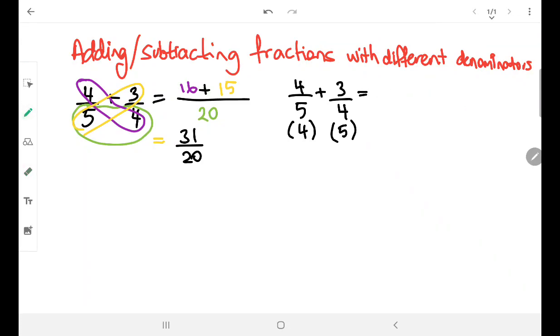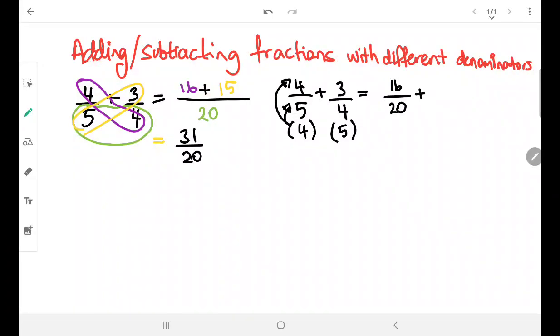So just remember, the 4 in that bracket multiplies the fraction itself. So when we multiply the fraction itself, we have to multiply the bottom and the top numbers, which are the numerators and the denominators. So 4 times 4 is going to be 16 over 20.